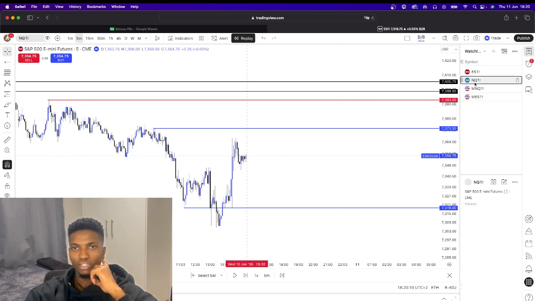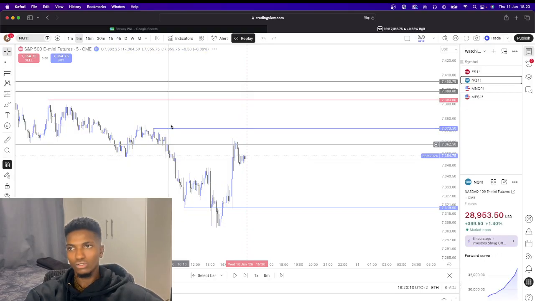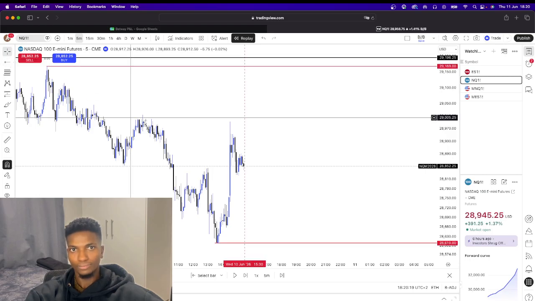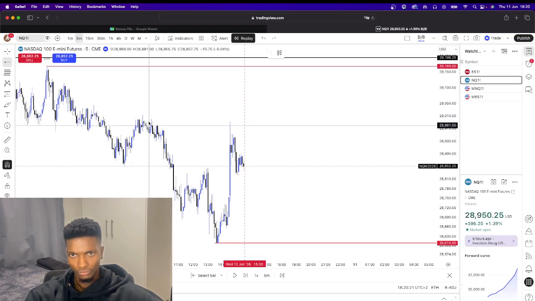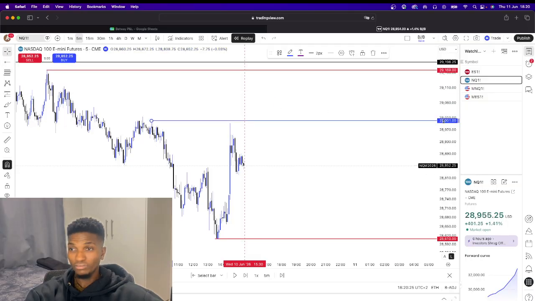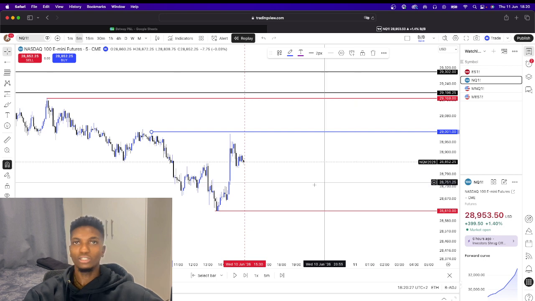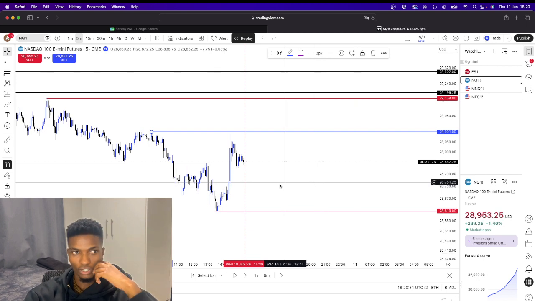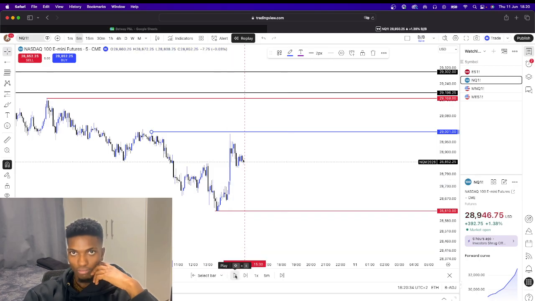Let's see if we marked it out this side also. Pretty sure we didn't. Okay, there. Another thing to keep in mind is that we didn't have any high impact news for the day, so we're just going to play the candlesticks and I'll tell you what I'm looking for.